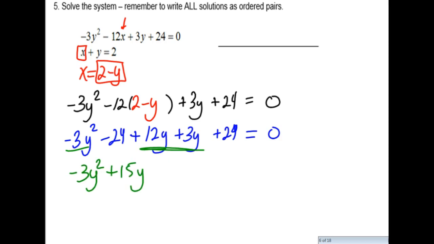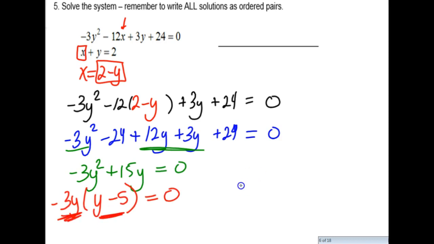And then the negative 24 and positive 24 cancel, so it just equals 0. As far as solving this quadratic, I would just factor out the common term of negative 3y, leaving you with y minus 5. If you set each of these factors equal to 0, you get y equals 0 for the first factor and y equals 5 for the second factor.